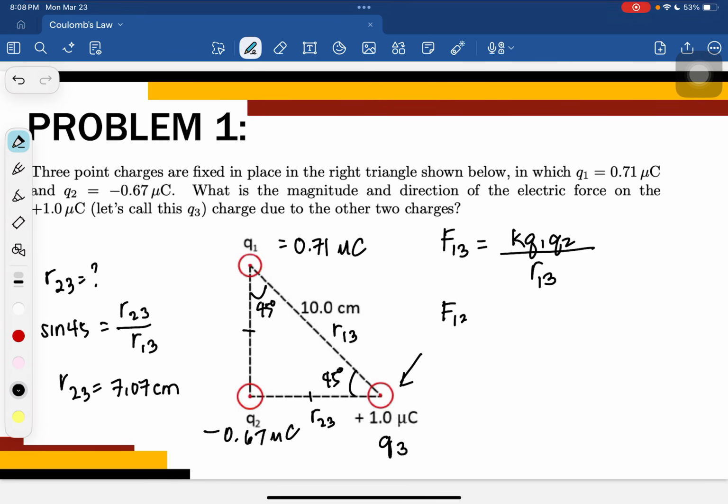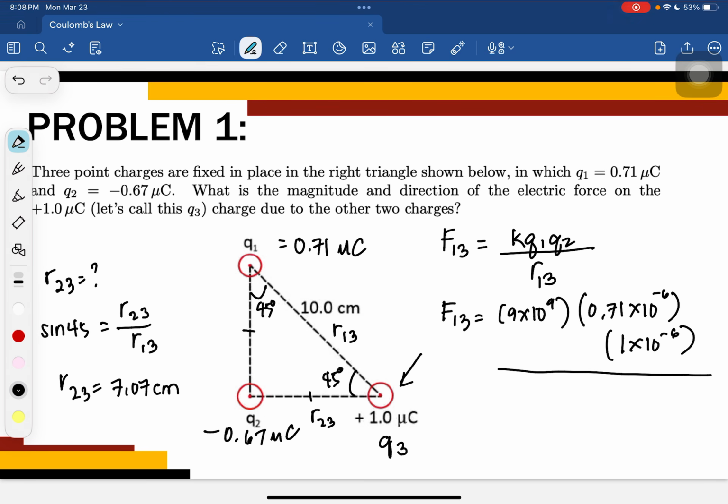So F13 is equal to 9 times 10 to the 9 times 0.71 times 10 to the negative 6 times 1 times 10 to the negative 6 all over R13, that's 10 cm, so 10 times 10 to the negative 2 squared.